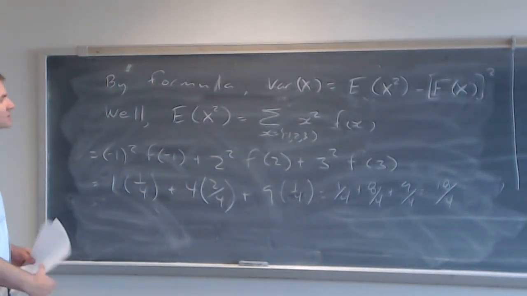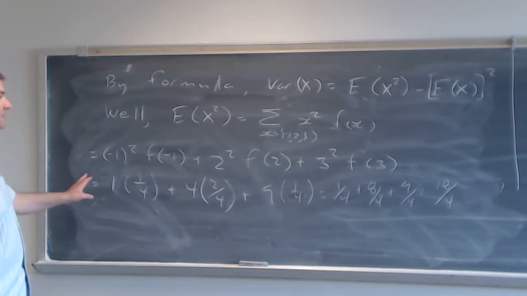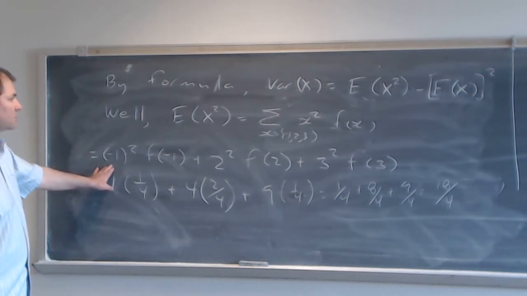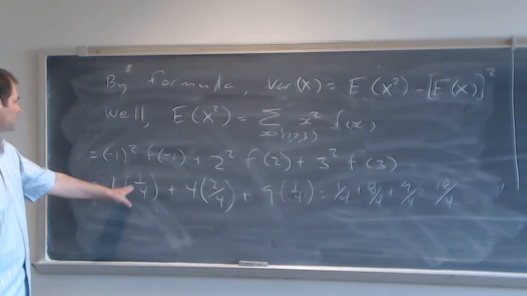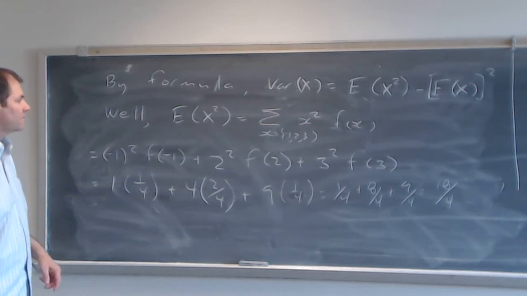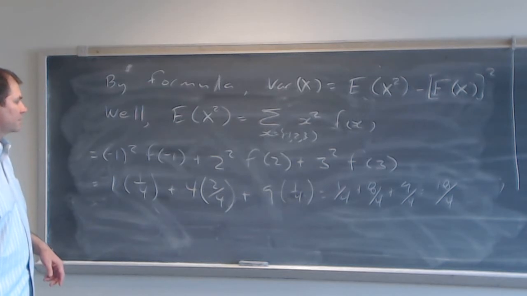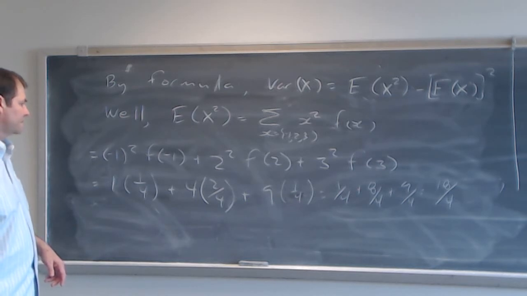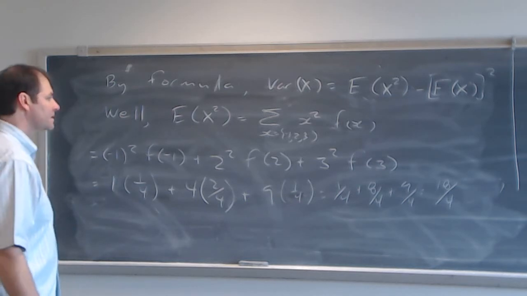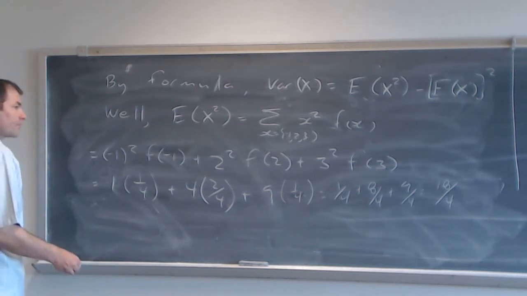Give me one second, I just don't want to make a mistake. It's easy for me to make a mistake. So -1, 4, 2, 4. Okay.